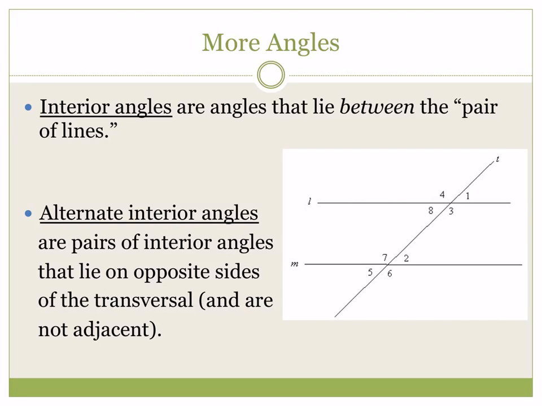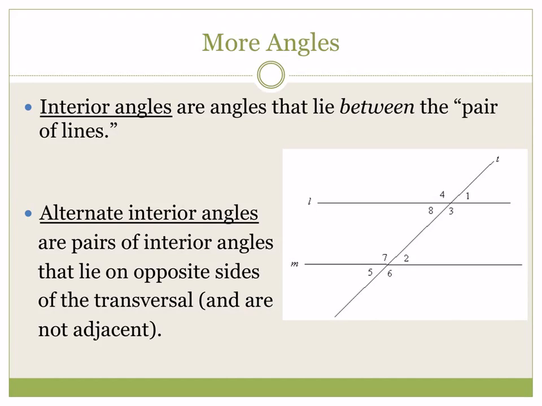All right, when we have these two lines that are cut by the transversal T, they create some different types of angles. The first type of angle that we're referencing is something called an interior angle. So the interior angles need to be in between the two lines that appear to be parallel.